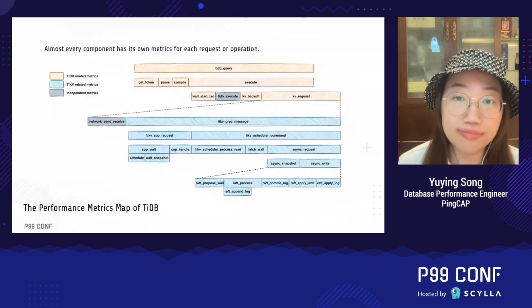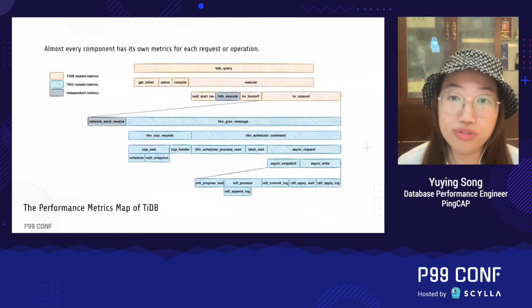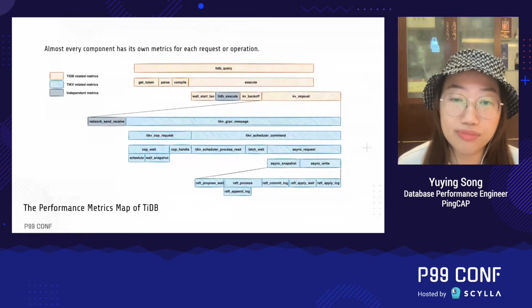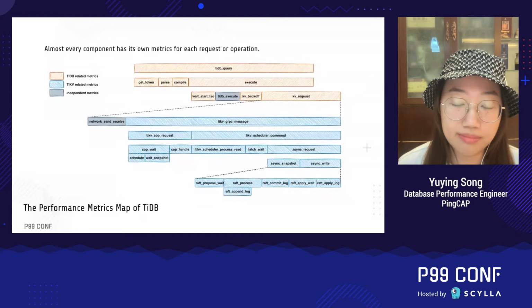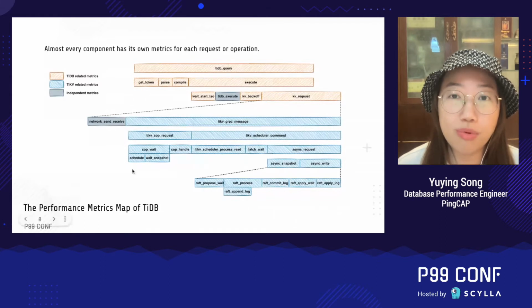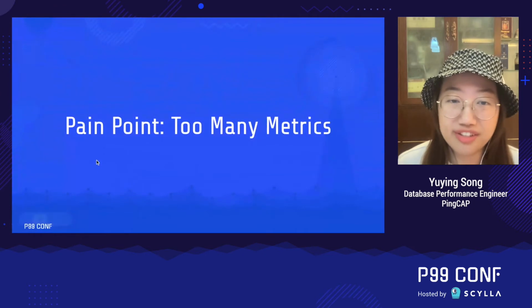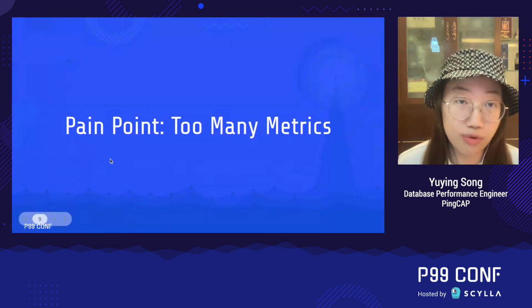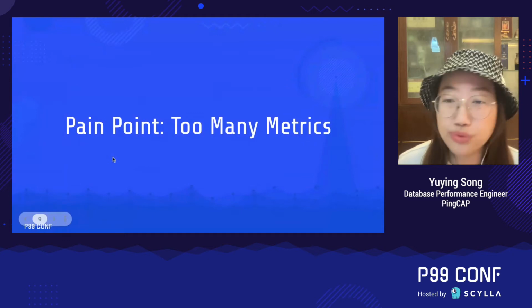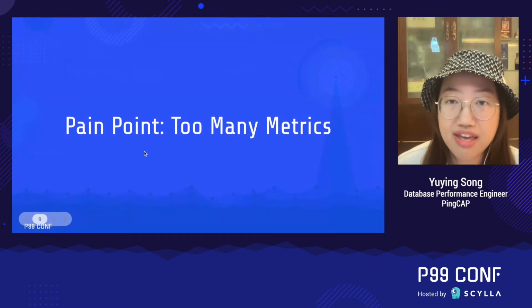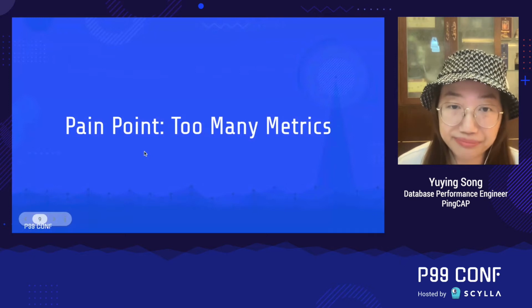However, do all those metrics help us reduce the performance tuning time and help us find the bottlenecks of the system easily? The answer is no before the TiDB 6.1 release version, because the significant pain point of our users, or even our support engineers, is that there are too many metrics in our system.